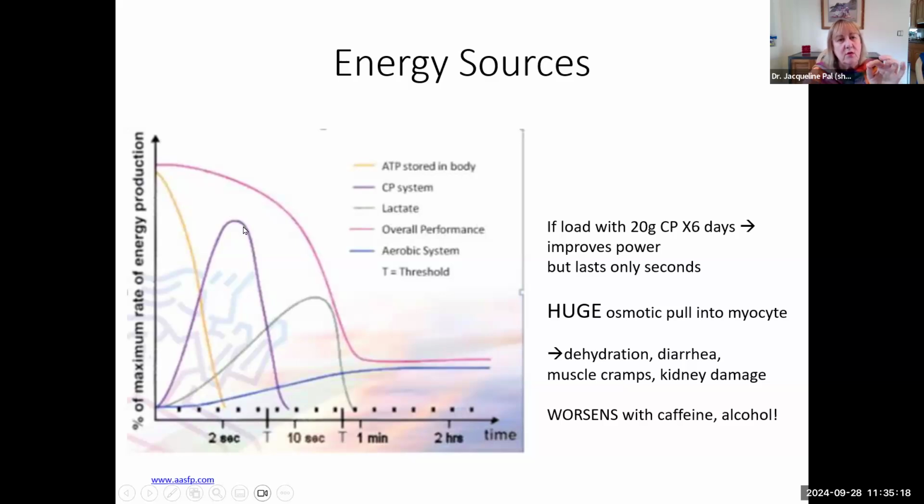And then you are running out of that. And if you have stored from using this, you are now out of it at 10 seconds. So you're spending a lot of money buying a lot of powder to get you 10 seconds worth of energy. Yeah, that's it.